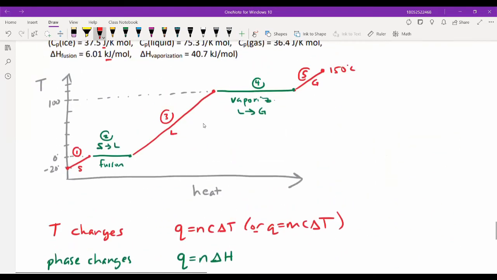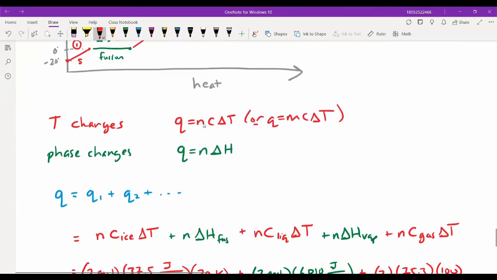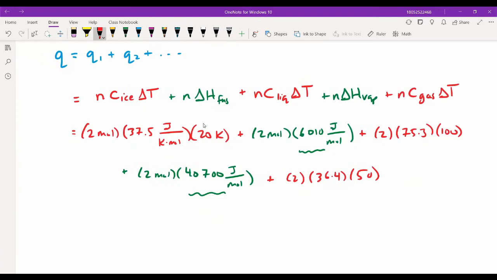All right, so each of these changes in temperature, we did final minus initial for those. And then Q total, adding all this up, is 113,600. So let's make it 114 kilojoules.